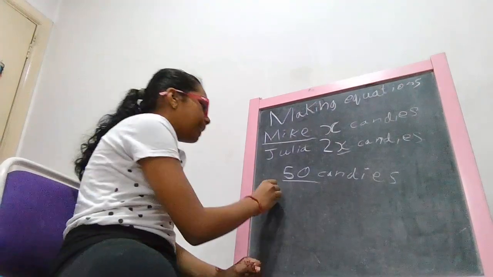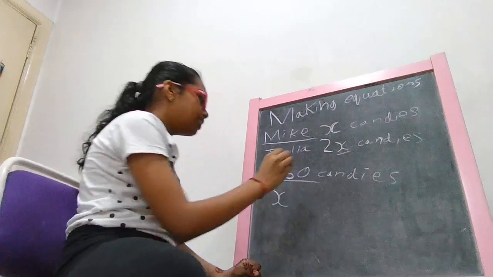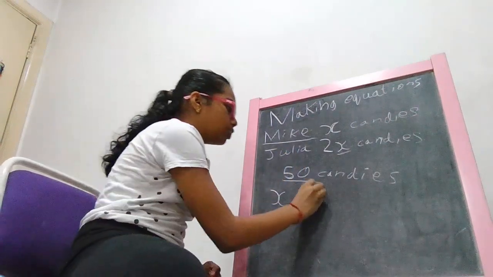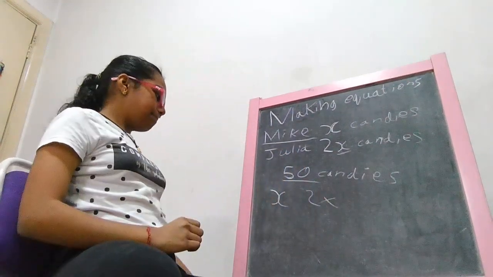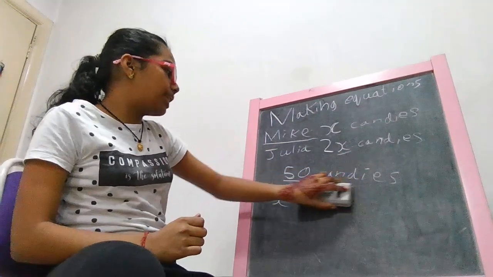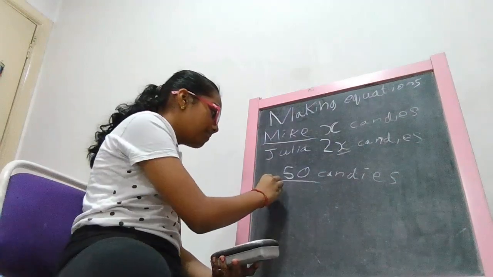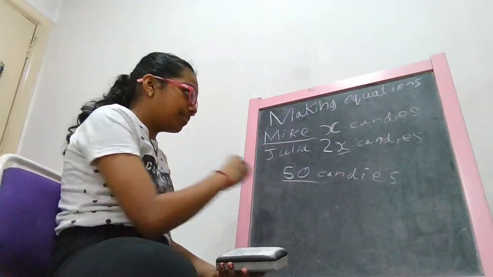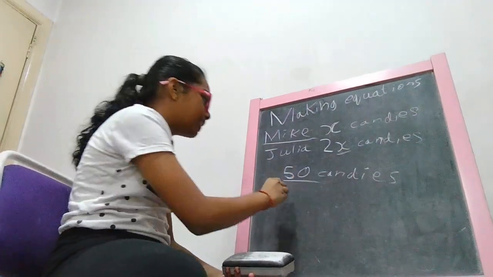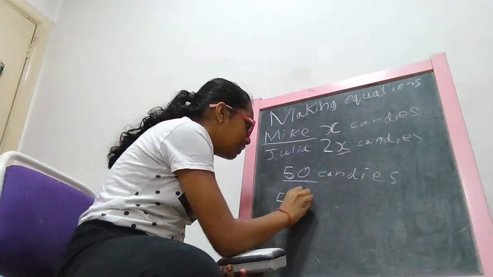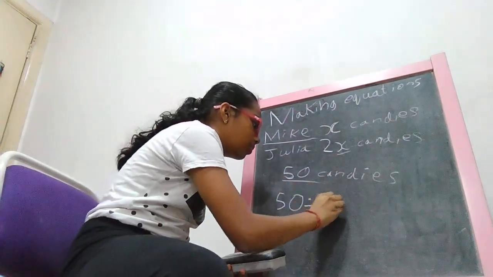So we know that Mike has x number of candies. Now Julia has 2x, right? So if she has 2x and we need to find how many candies Mike has, we can say that if Julia has 50 candies, then we can say 50 divided by 2, right?